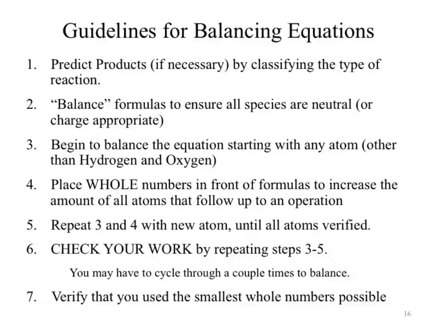Why other than hydrogen and oxygen? How many different molecules have hydrogen? A lot. How many different molecules have oxygen? A lot. To balance hydrogen and oxygen, you'll have to be counting them in multiple locations on each side of the equation. That math can get really messy. So what we would hopefully do is balance the element that only shows up once on each side of the equation.